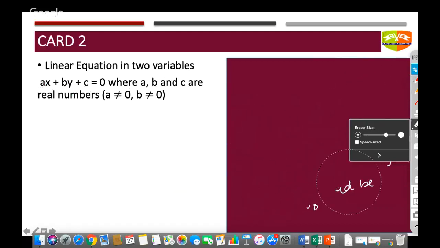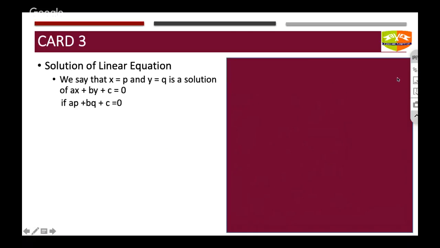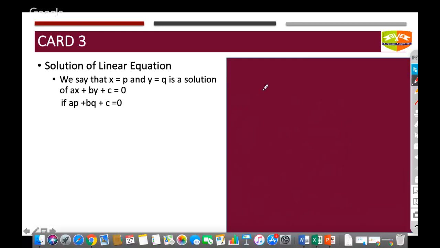Now, how do we solve these linear equations? So, the solution of a linear equation.